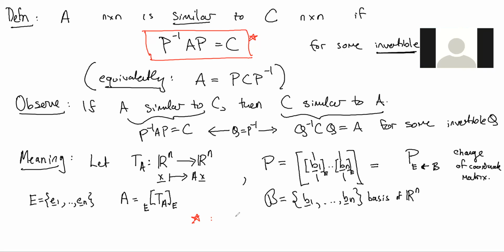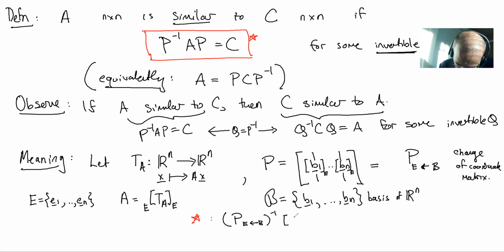So this is going to be P E to B inverse times the matrix of TA in the E basis times the change of coordinates matrix from B to E. And as we discussed in the last lecture, this inverse just reverses the arrows, right?